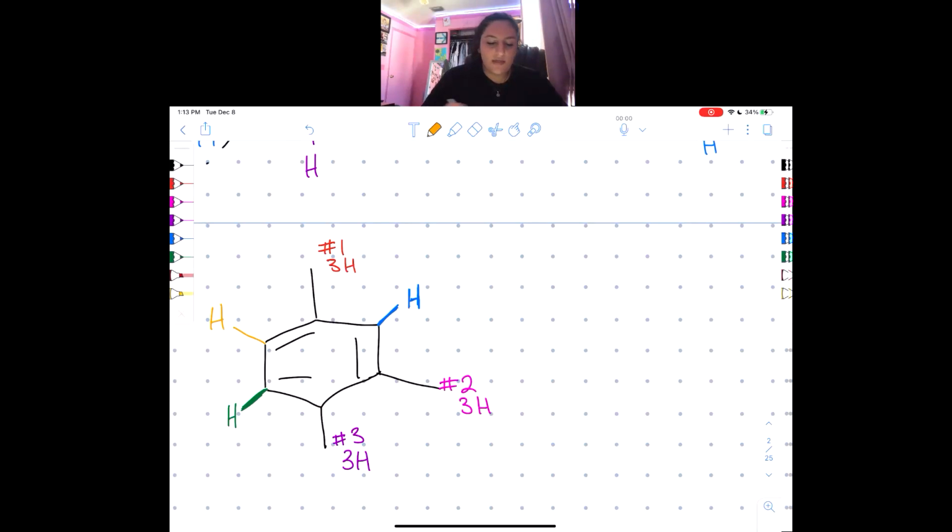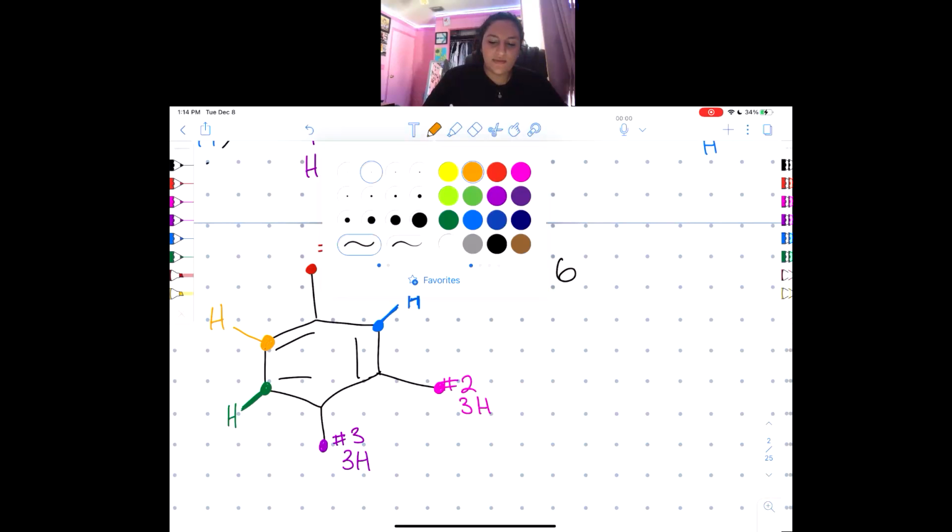So altogether, how many hydrogen signals do we have? I almost asked for carbon. Oops. 6, yes, exactly. So then when we go back and count carbons, 1, 2, 3, 4, 5, 6, and let's not forget the 3 carbons that don't have any hydrogens attached.